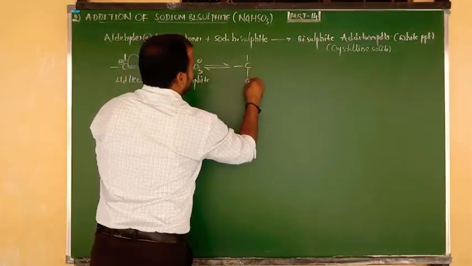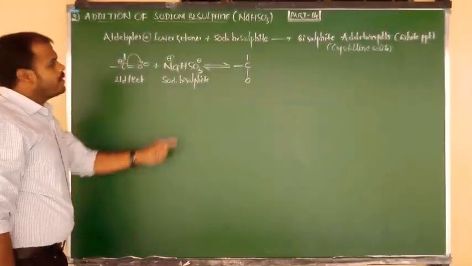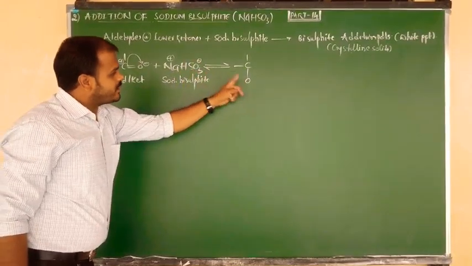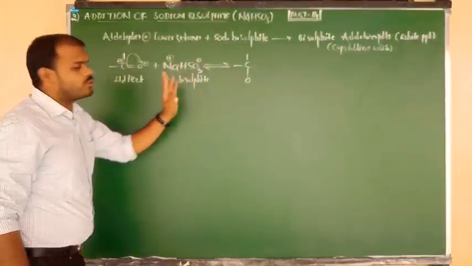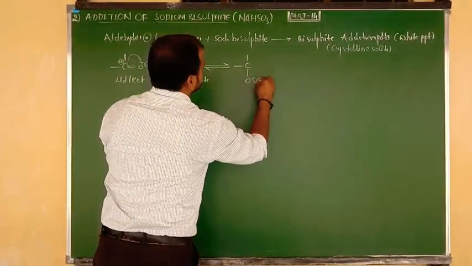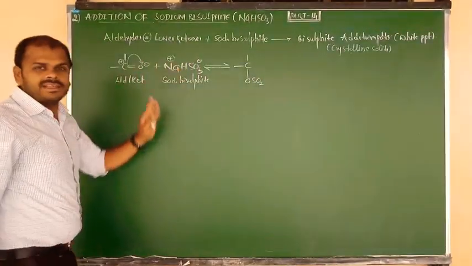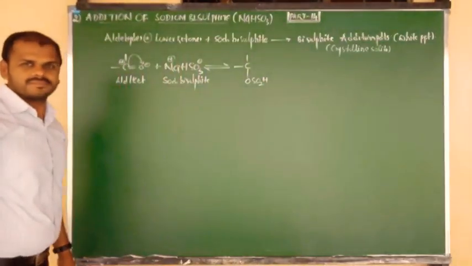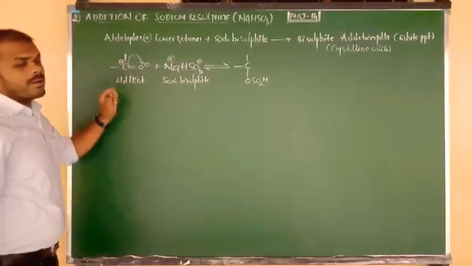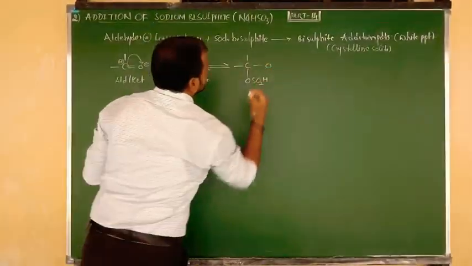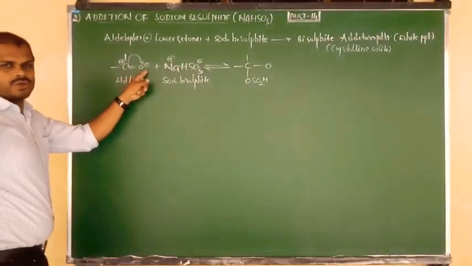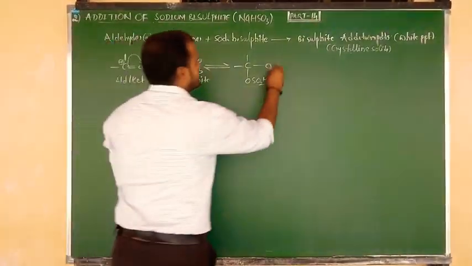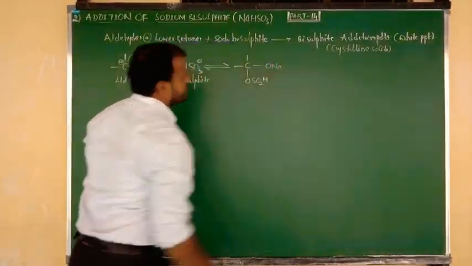So we write O; from SO3 we are connecting through O. The remaining group is the SO2 group, and here an H atom is there. The double bond becomes a single bond. O contains a negative charge that is attacked by the positive Na plus. Simply we can say ONa.